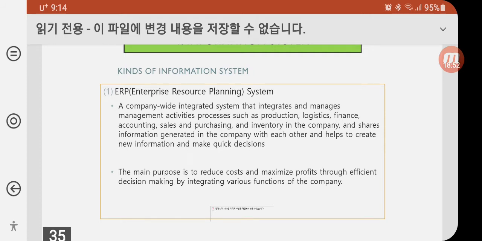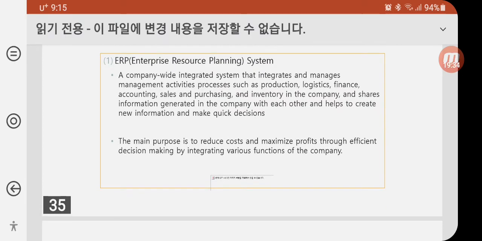Information system types. ERP system. ERP is enterprise resource planning, a company-wide integrated system that integrates and manages management activities and processes such as production, logistics, finance, accounting, sales, purchasing, and inventory in the company, and shares information generated in the company with each other and helps to create new information and make quick decisions.